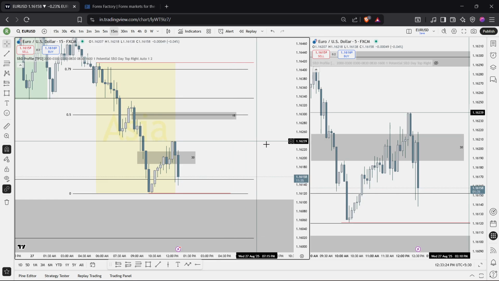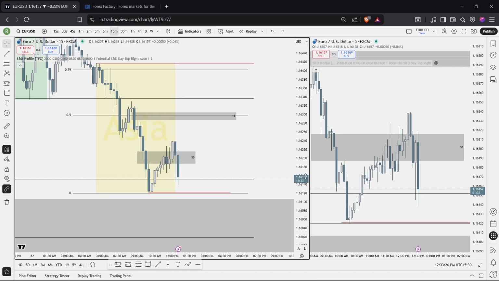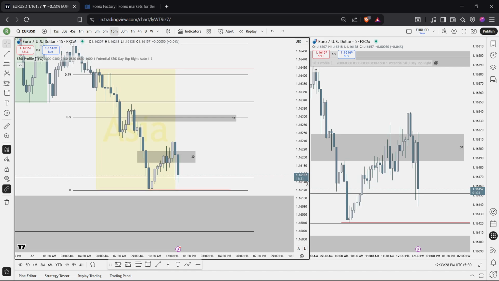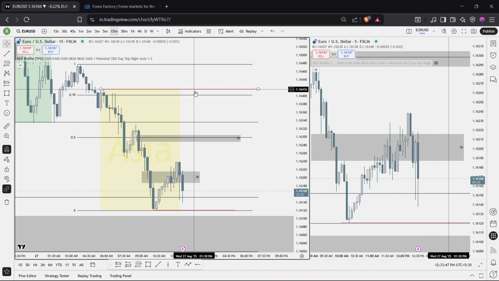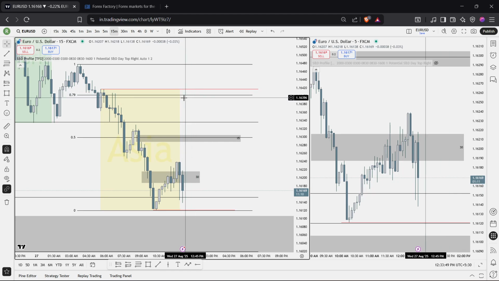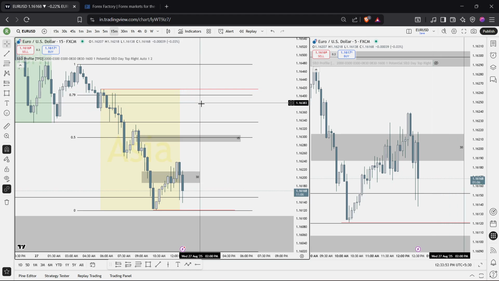Another thing that I've noticed while backtesting is that Asian high and Asian low we cannot take as a solid draw. What I mean by solid draw is, let's say a 30-minute FVG and an Asian high are not equal in terms of draw on liquidity, because I've seen in backtesting that many times it eventually comes and takes the liquidity, but most of the time it just chops somewhere here and manipulates a little bit.